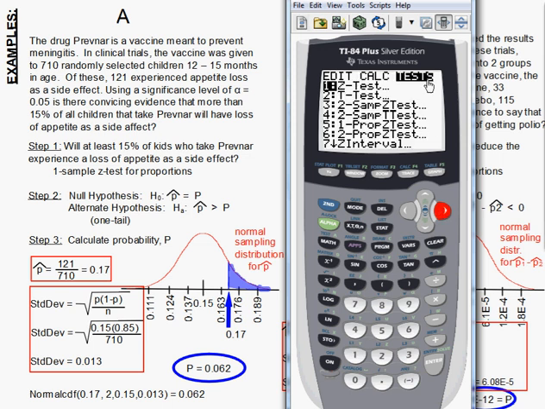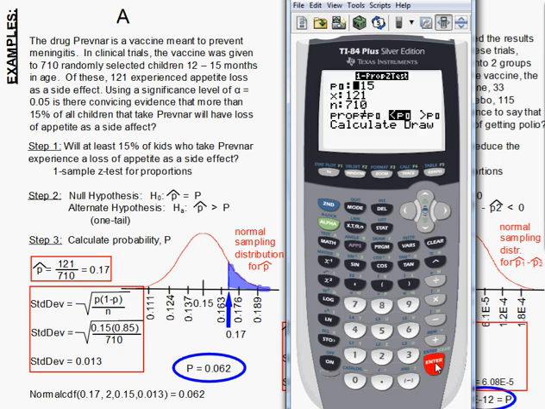We move over to Tests, and here is going to be all kinds of tests. Now we have already identified that we have a one-sample z-test for proportions. It looks like we need number 5, which is the 1-PropZTest.